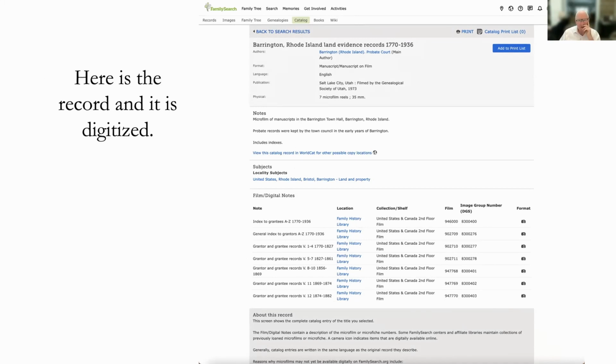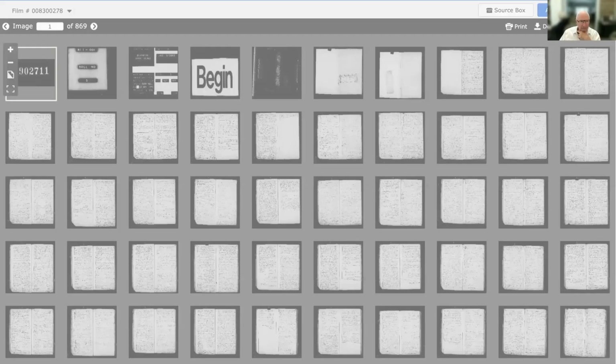So if you get frustrated trying to find things in FamilySearch or in Ancestry or any of the programs, I would suggest using either Google or WorldCat or archive.org, all three of those, to see if they might be able to locate either more information that you're looking for, or find the documents that you're looking for.